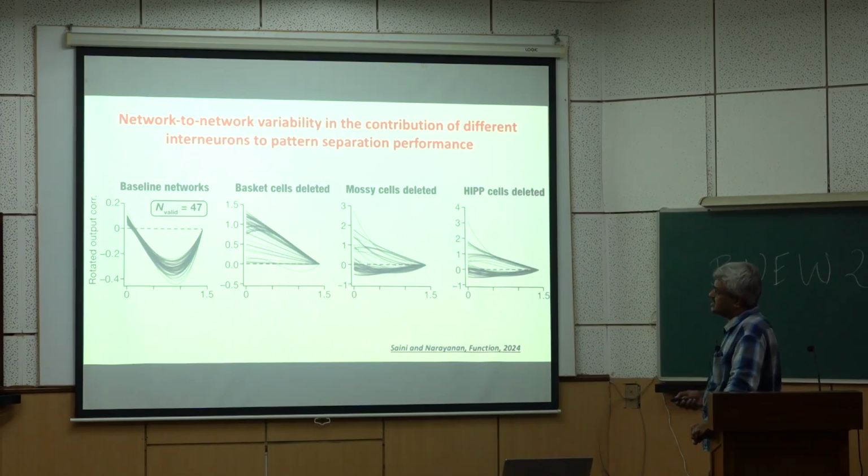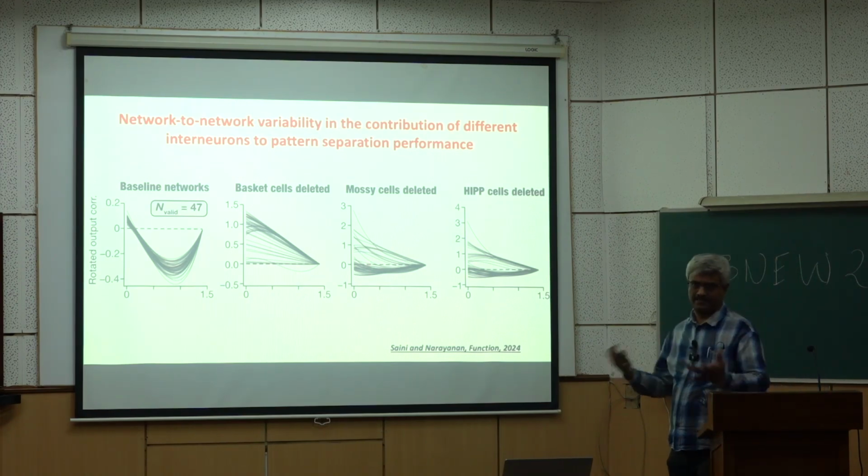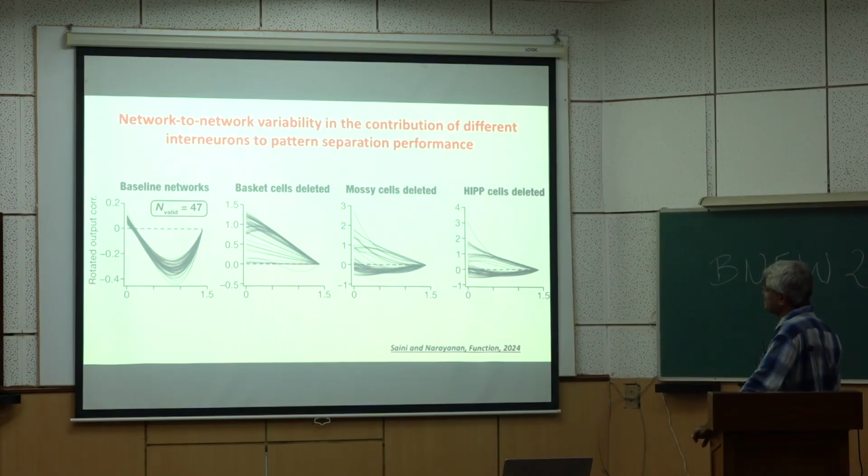So this demonstration shows that even though in the baseline network the amount of pattern separation is pretty comparable, the impact of deleting specific cell types is widely variable across different networks, basically. Because of the different sets of synaptic weights that were present, you have this kind of an outcome.